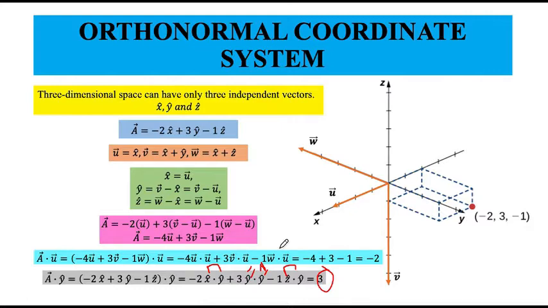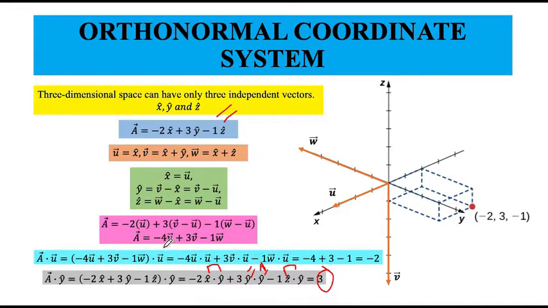So this is my vector A. For the Cartesian coordinate system, if you take the dot product with one of the building vectors, you get the coefficient that is used to build up your vector.